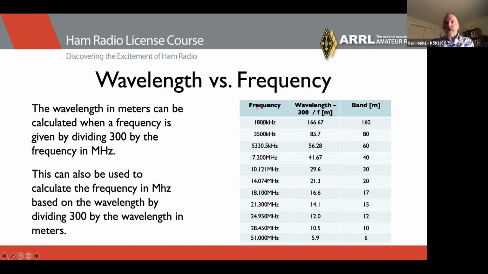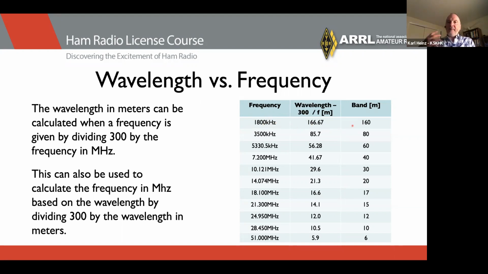So I have here on the left side a frequency in that band, and then we do the calculation 300 divided by the frequency, which gives us the wavelength in meters. In this case, we end up with 166.67 meters, but the band is called 160 meters.